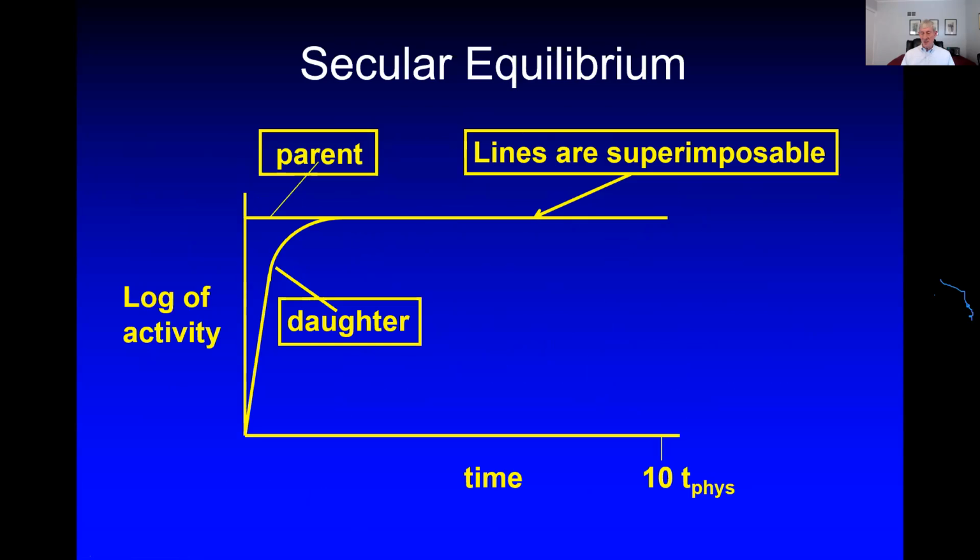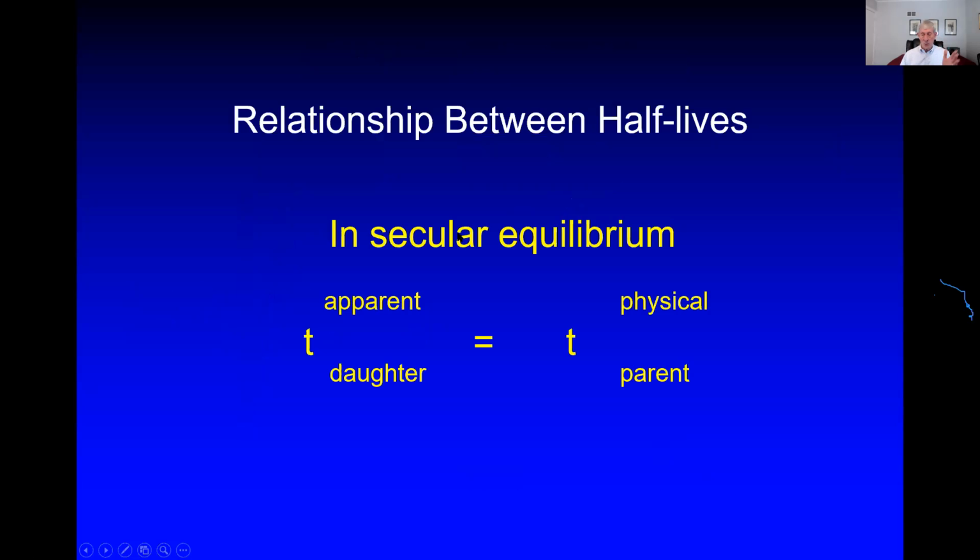We know they don't have the same half-life, but here it looks like they do. The lines are parallel and superimposable. They look like they do. So look what we say for all equilibria. For secular, we say that the daughter appears to have a half-life. We call it the apparent half-life.